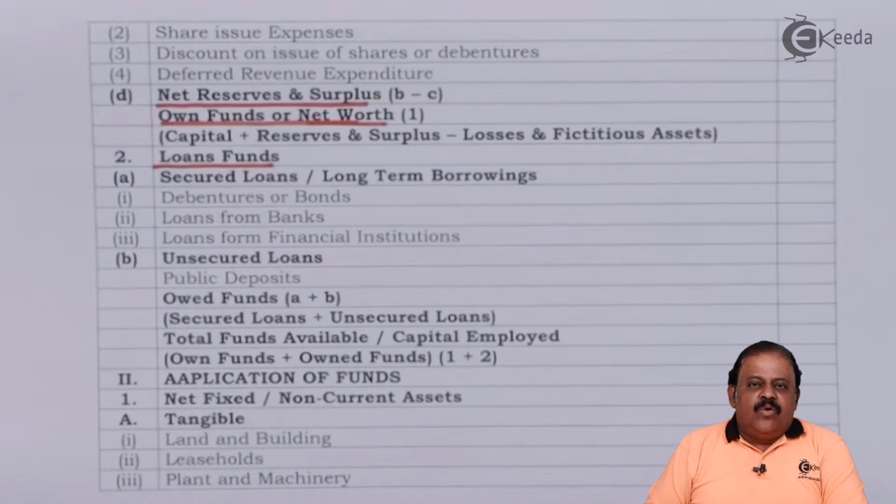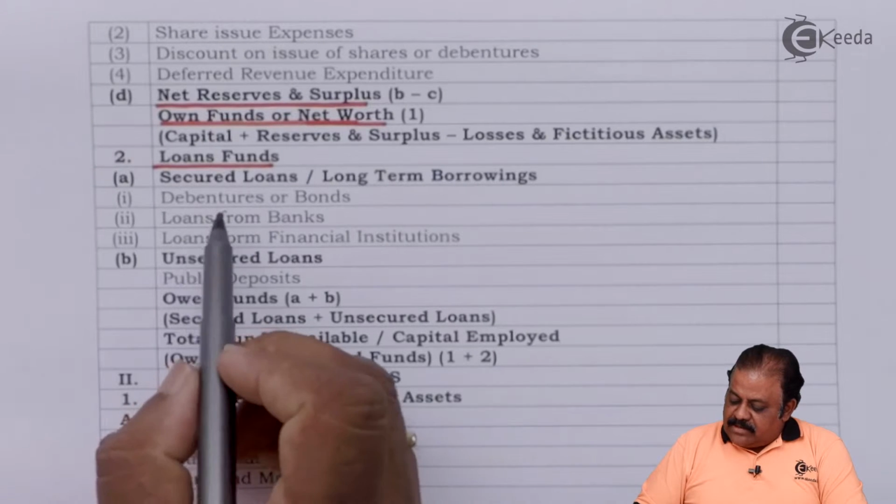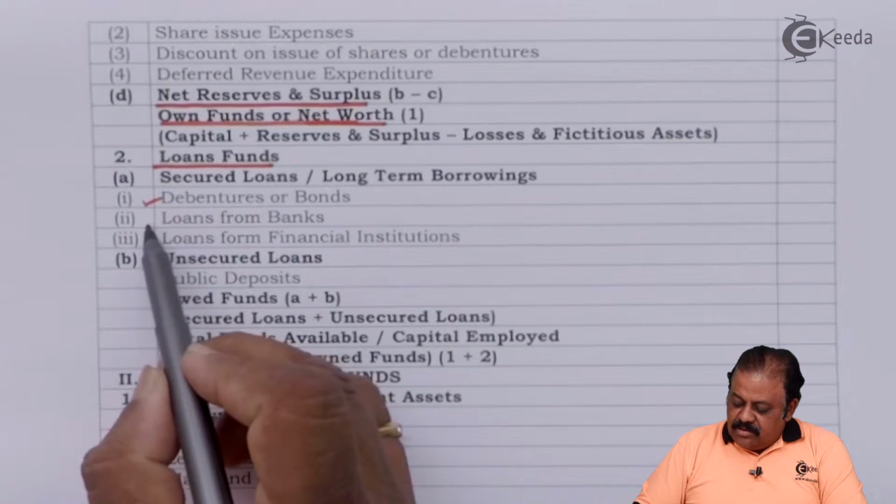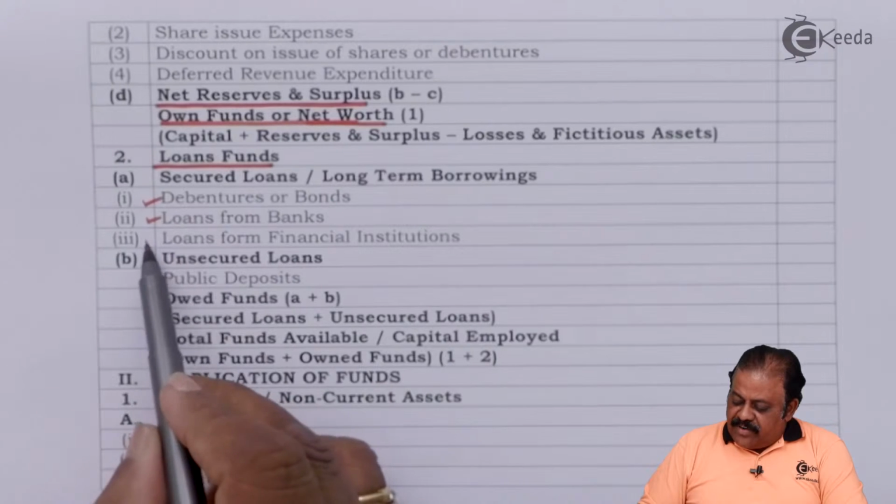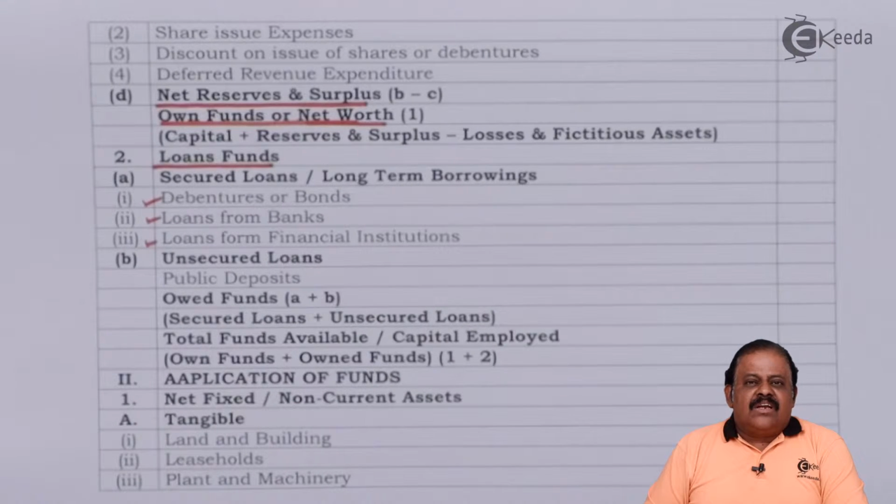The second part is loan funds or borrowed funds. It can be secured loans and unsecured loans. Secured loans are those loans against which we have provided some security of assets. For example, in case of debentures, loans from banks, loans from financial institutions, those are taken by mortgaging some fixed assets, like for example land and building, plant and machinery. These are mortgaged and against this we take a loan.